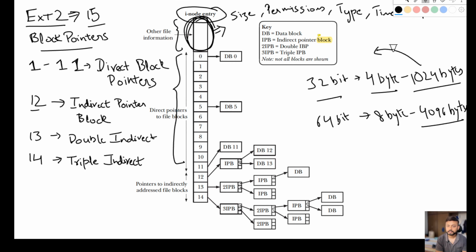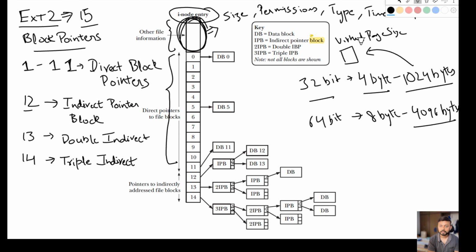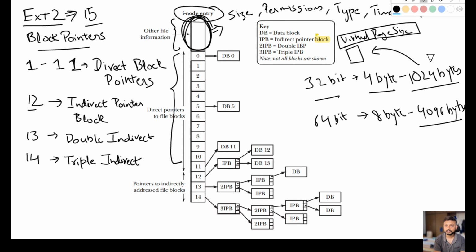Physical page size is equal to the virtual page size as well, and the translation between virtual page and physical page happens through a memory management unit. We can talk about memory management unit, address translation, and paging in some other video.